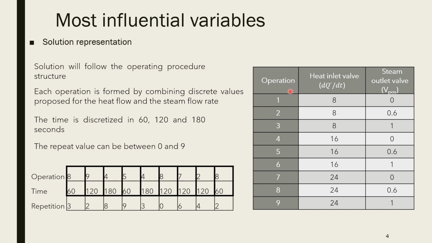There are 9 operations, with each operation being a combination of discrete values of each operable valve. The time element is discretized in values of 60, 120, and 180 seconds, and the repetition element in integer values between 0 and 9.